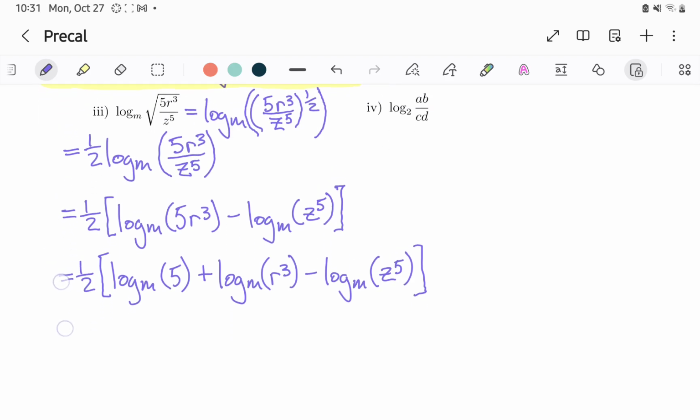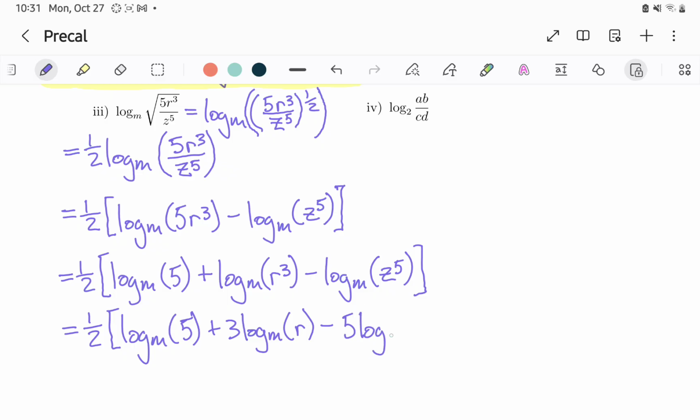Okay, and now we can use the power property for log base m of r cubed and log base m of z to the 5. So we can write this as 1/2 times log base m of 5 plus 3 times log base m of r minus 5 log base m of z.